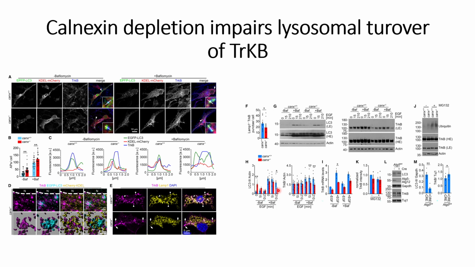So the increase in LC3 levels in the Calnexin depleted cells is not much. That's what I said, that EGF levels also play a role towards this lysosome impairment.